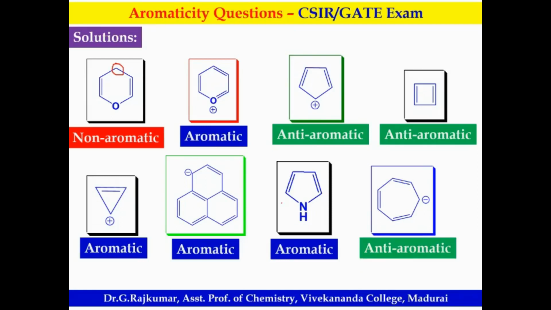So 4 is the correct one. Some of you said 3; I don't know where you missed. Harini, which aromatic compound did you miss? Pyrrole, one lone pair. The second one, yes. Only 6 pi electrons are involved in delocalization because there is a positive charge on oxygen. Okay, then you must have counted 8. So the answer is 4.